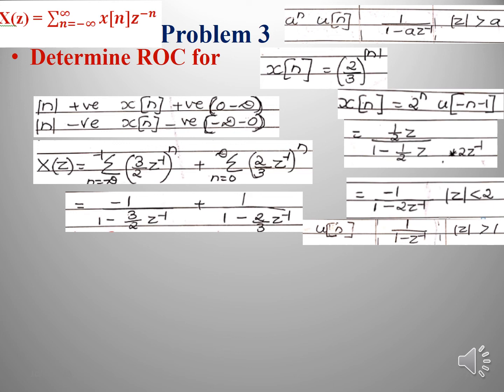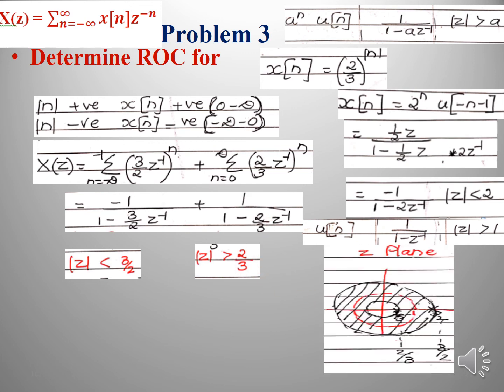Plus this is a normal Z transform, given by 1 divided by 1 minus 2 by 3 z power minus 1. As mentioned, the region of convergence is modulus of z less than 3 by 2, as in the previous problem it was modulus of z less than 2, and for this case it is modulus of z greater than 2 by 3.